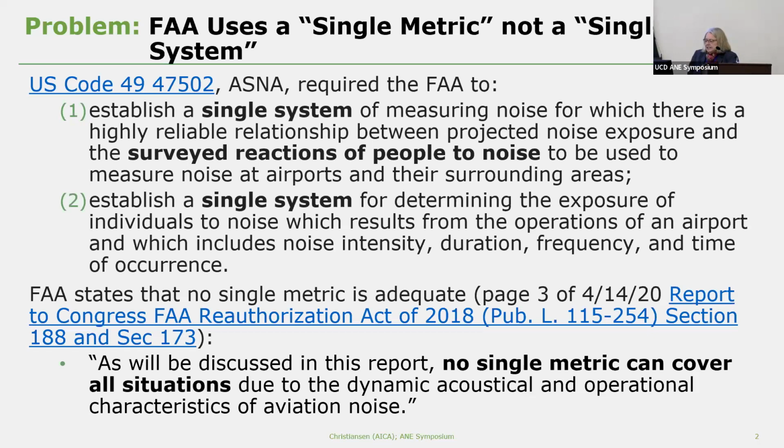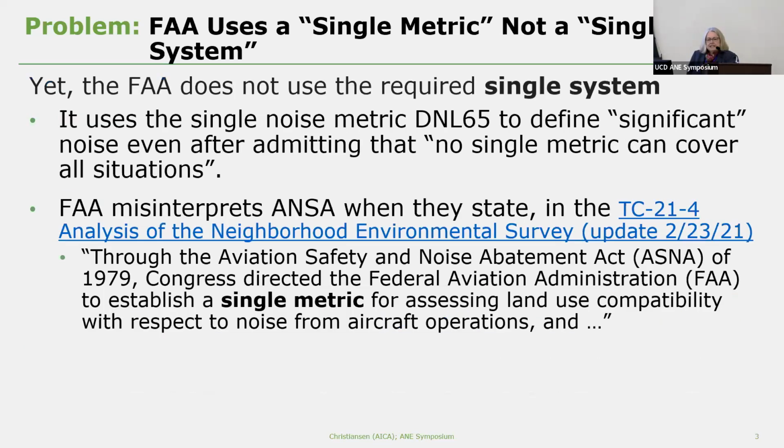In their 2018 report to Congress, the FAA concluded that no single metric can cover all situations due to the dynamic, acoustical, and operational characteristics of aviation noise. Yet, the FAA does not use the required single system.